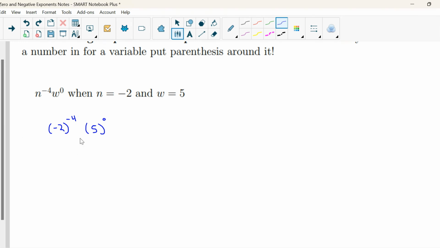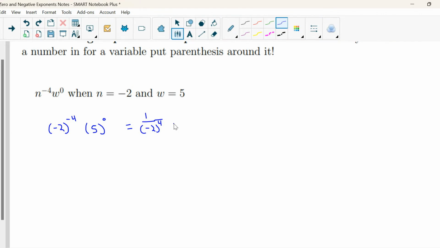The first thing that I notice here is that my negative 2 has a negative exponent. So let's flip it into the denominator, take the reciprocal. The reciprocal of negative 2 to the negative fourth is going to make it 1 over negative 2 to the positive fourth power. Okay, next, let's take care of our 5 to the 0 power.